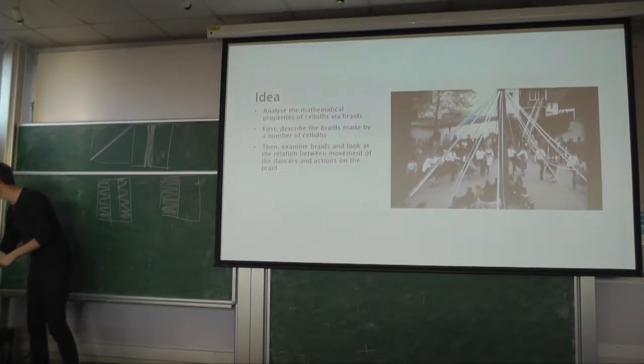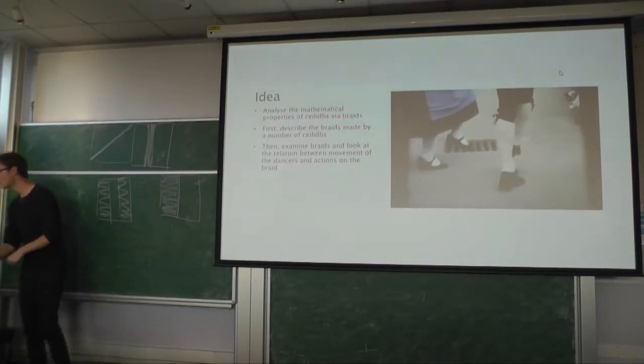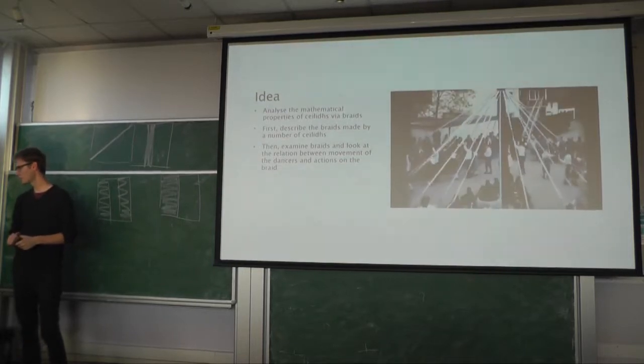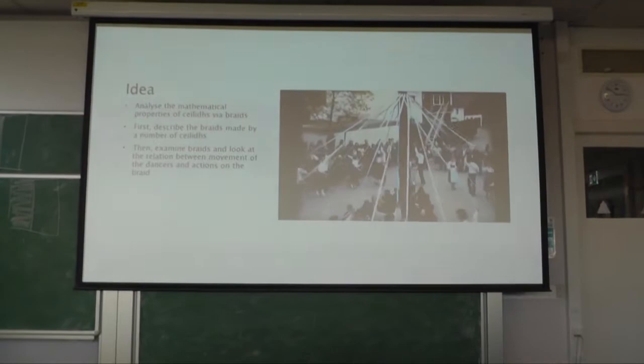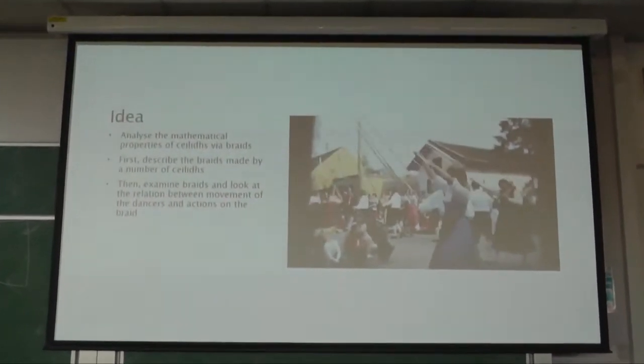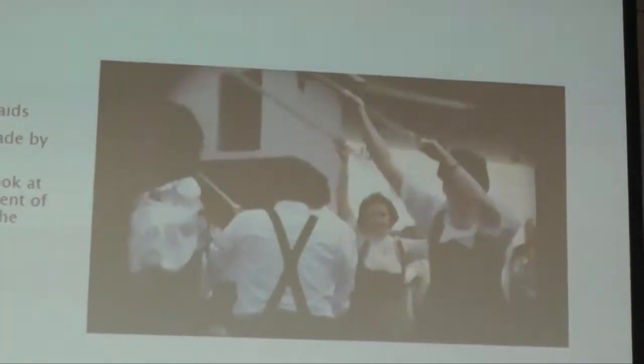This should be a video if it works. You can see the dancers are moving around and braiding the strands as they go, and it gives very nice patterns as well.